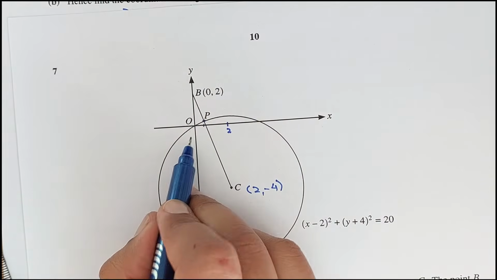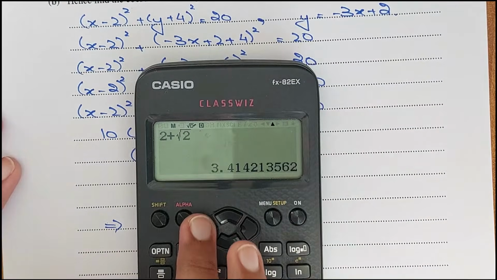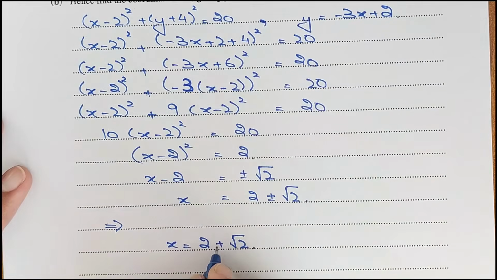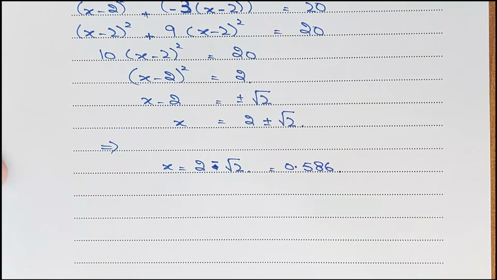So it should be less than 2, not more than 2, right? So we have to check 2 minus square root of 2, which is 0.586.